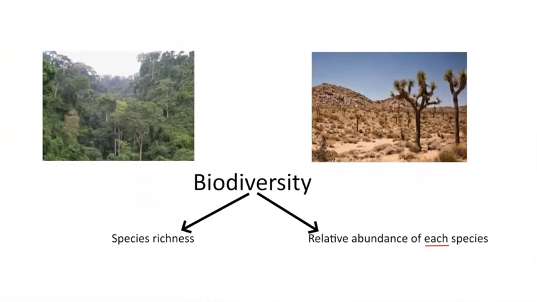So the term biodiversity is made up of two components. If we look at the original term, bio referring to living things, and diversity here is relating to the number of different types of living thing.